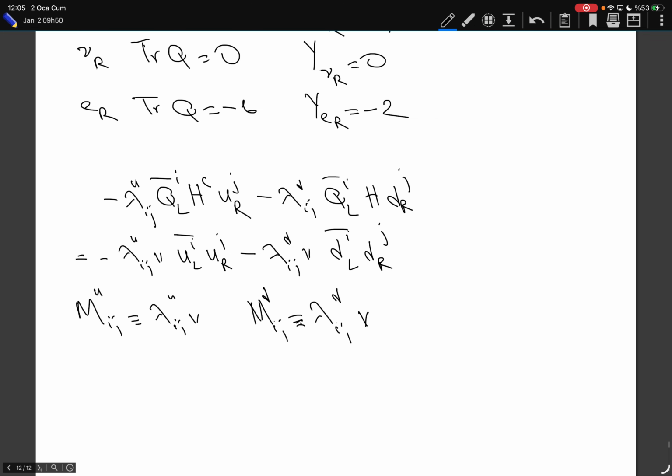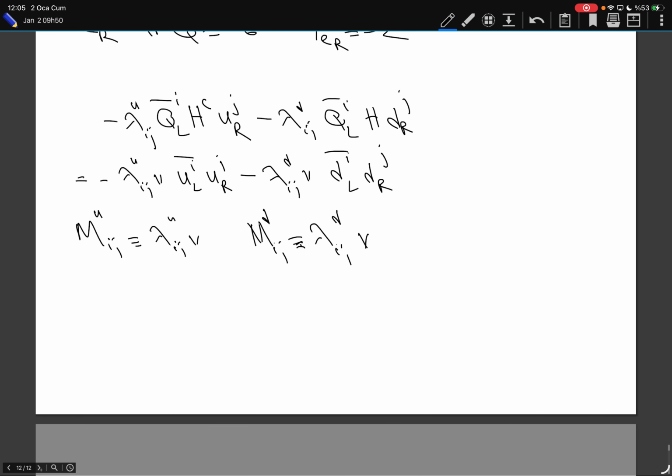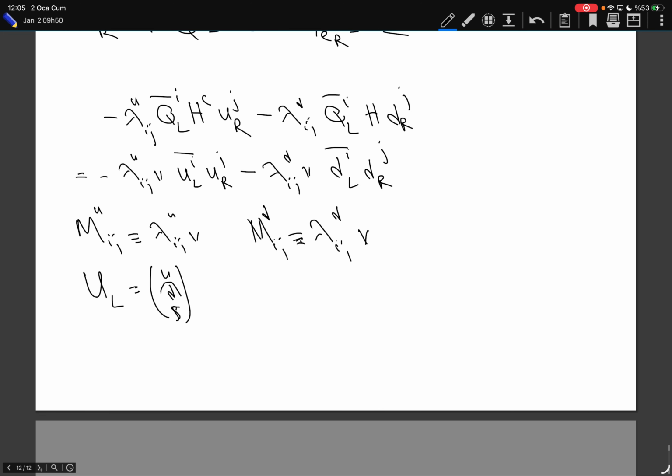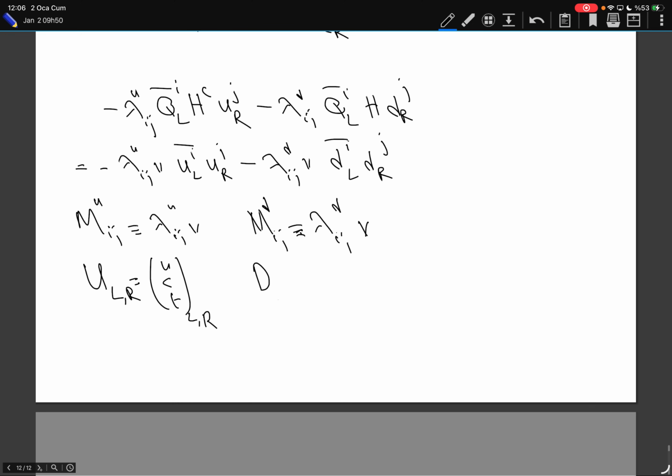They need not be diagonal. Let me define the up quark vector as up, charm, top, and the down quark vector as down, strange, bottom.